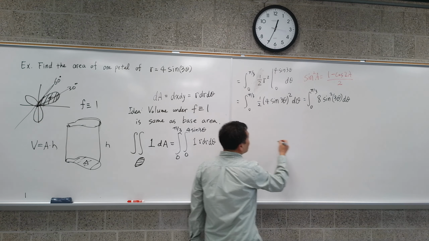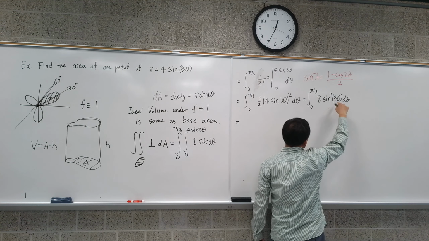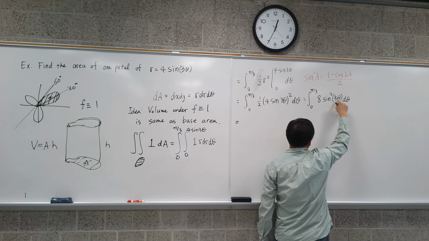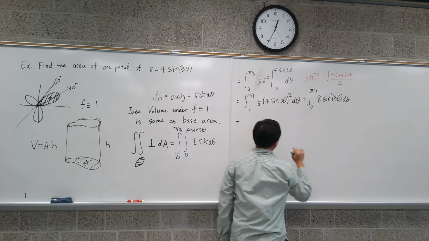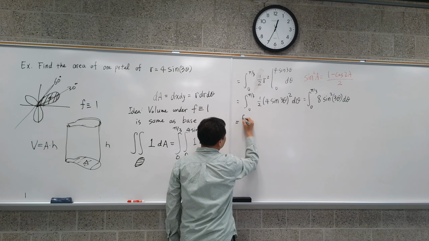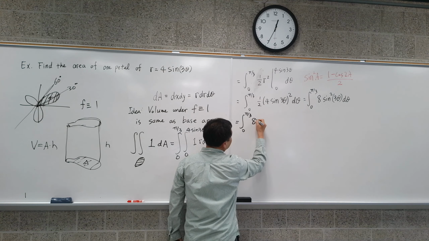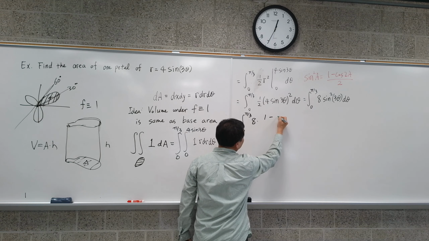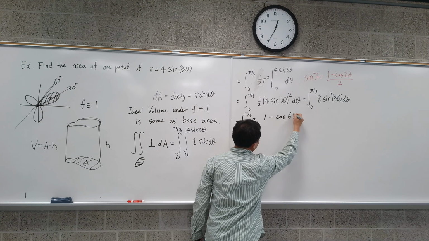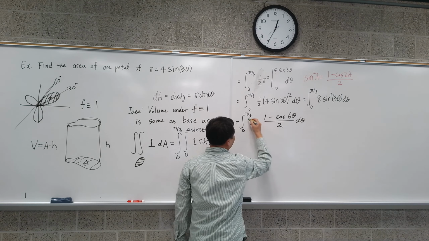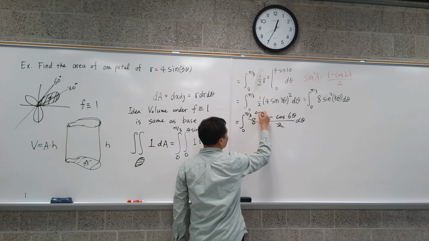Okay, so if you replace a by 3 theta and replace this entire sine squared of 3 theta by that formula, I end up getting the integral from 0 to pi over 3 of 8 times 1 minus cosine 6 theta over 2 d theta, where 8 and 2 cancel, so this is 4 and then 1.